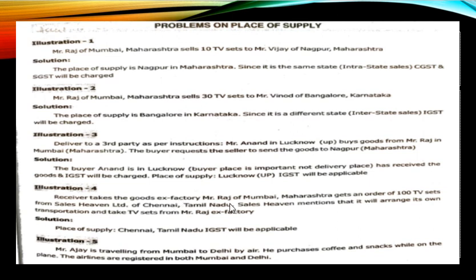Next illustration is receiver takes the goods ex factory. Mr. Raj of Mumbai, Maharashtra gets an order of 100 TV sets from Sales Haven Limited of Chennai, Tamil Nadu. Sales Haven mentions that it will arrange its own transportation and takes the TV sets from Mr. Raj ex factory.